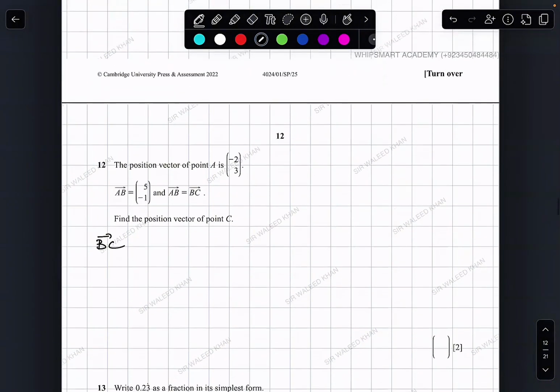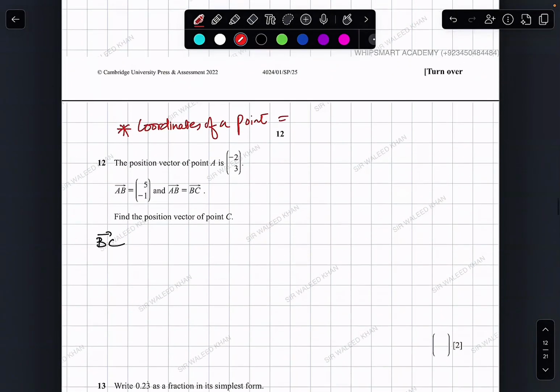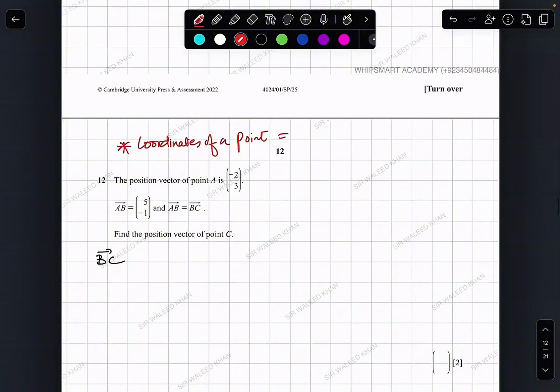One thing we mentioned before was the coordinates of a point is the same as the position vector. Not needed over here, but still.